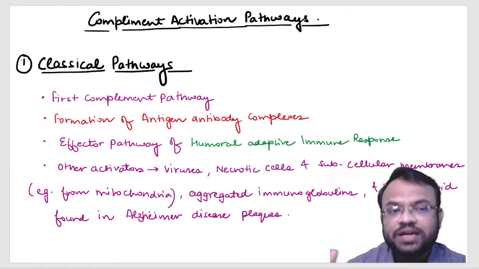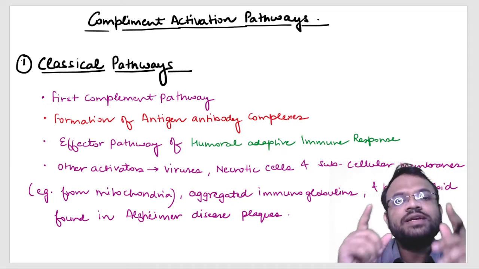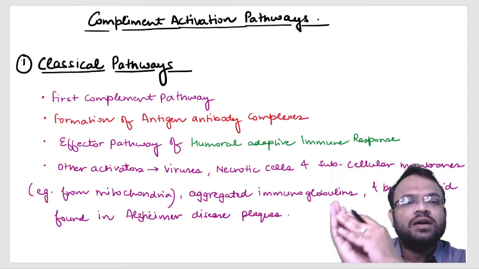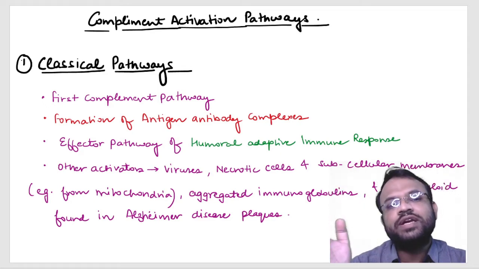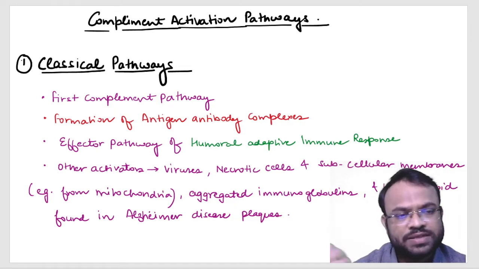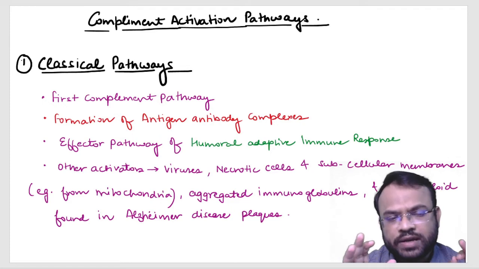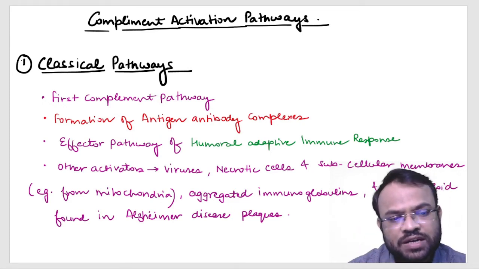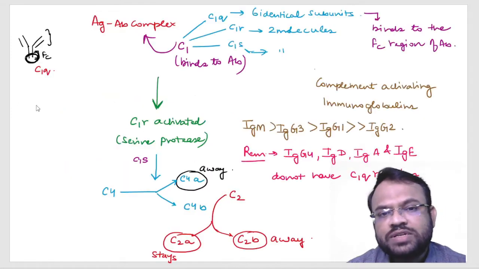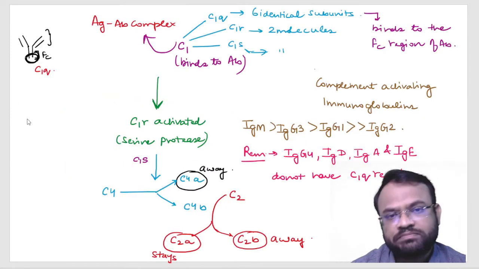It does not engulf by itself, however it aids the other phagocytic cells to engulf the pathogen. Understood? So this was a little introduction about the classical pathway. Let us move on to the next slide and understand how this classical pathway functions.